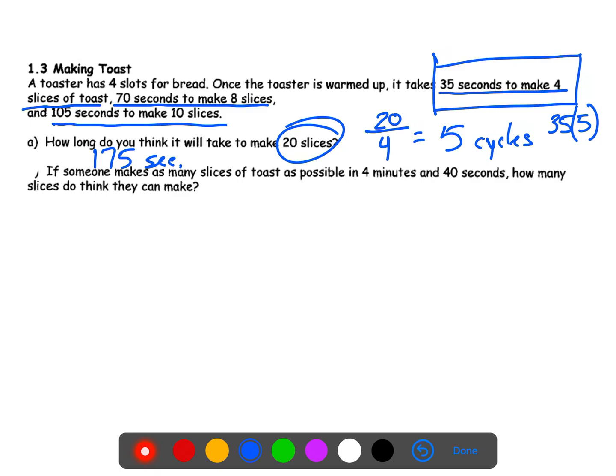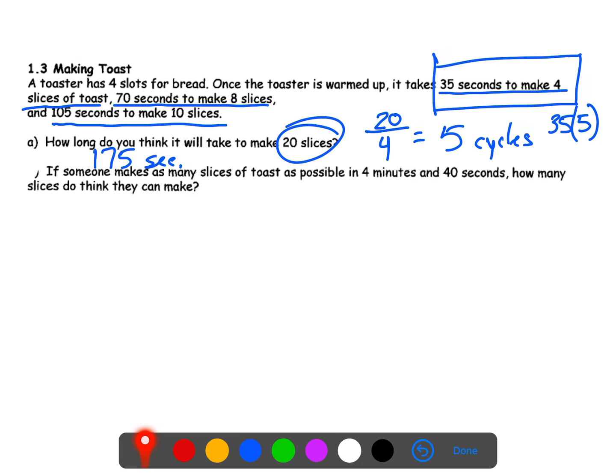Now, if we look at the next part, if someone makes as many slices of toast as possible in 4 minutes and 40 seconds, how many slices do you think they can make? Okay, first problem. All of our information has only been in seconds so far.